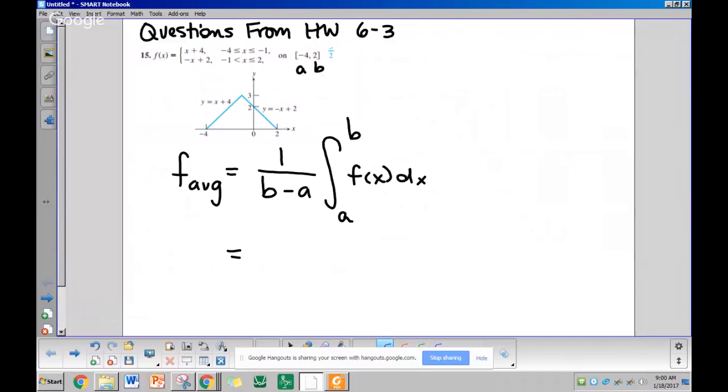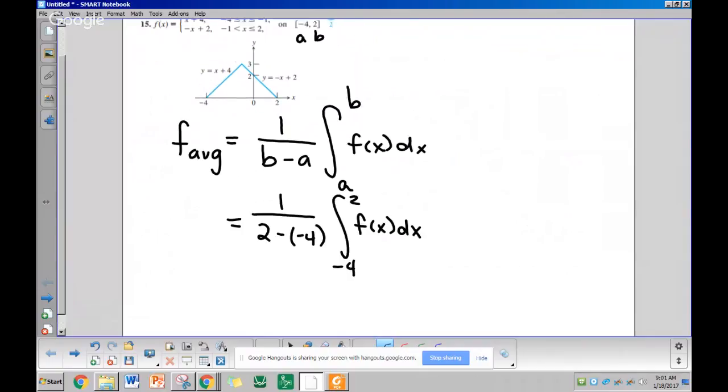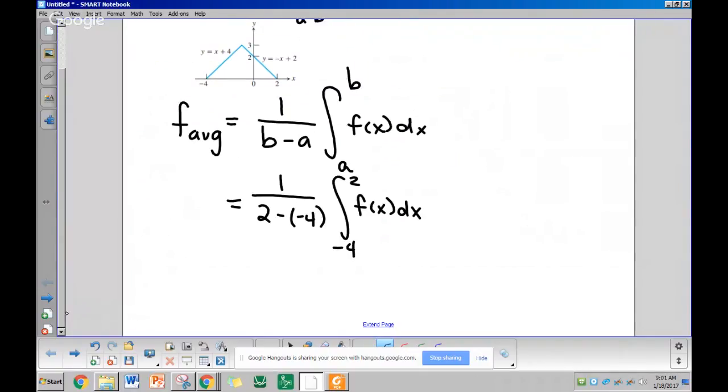So then our average value of our function is going to be 1 over 2 minus negative 4 times the integral from -4 to 2 of f of x dx. Now, obviously, it's really simple to see that this is 1/6 in front. And the difficult part of this, perhaps, is recognizing what this means.